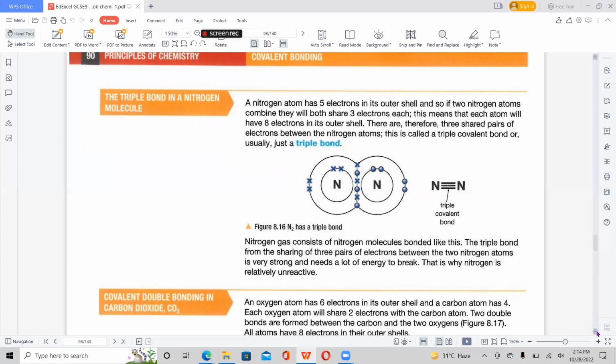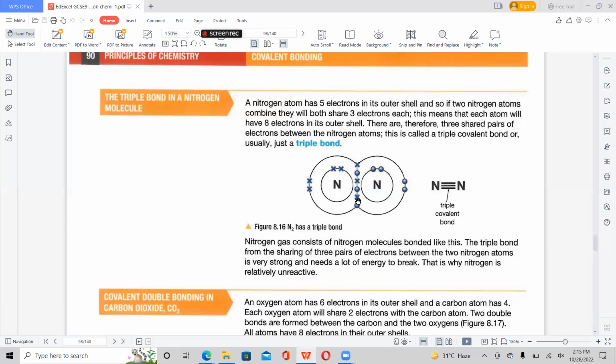Now comes the triple covalent bond, in which three electron pairs are shared between two nitrogen atoms. Both of them are in search of three electrons.